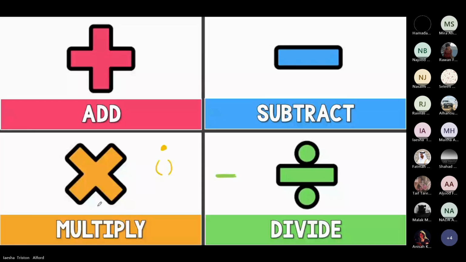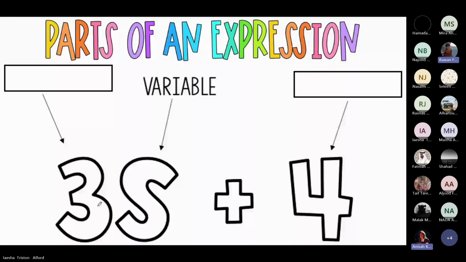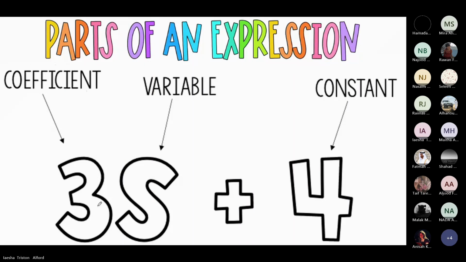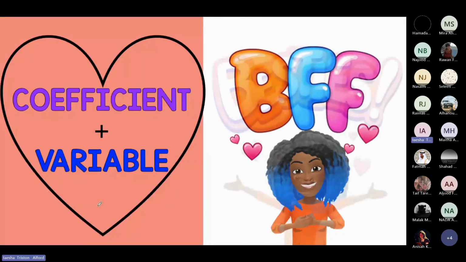Yes. Okay. So here, we just did it. What is S called again? Variable. And then we have positive 4. Constant. And then positive 3 has a coefficient. How are we going to remember who are the besties?